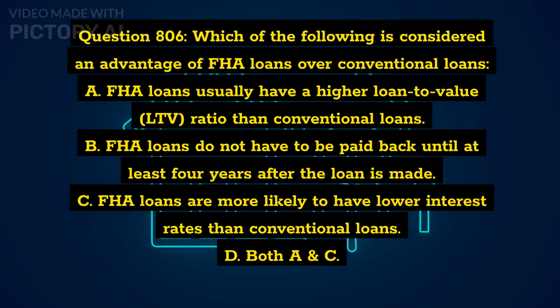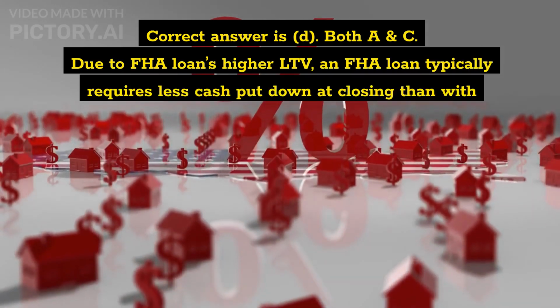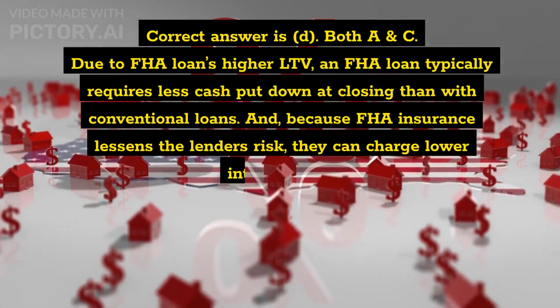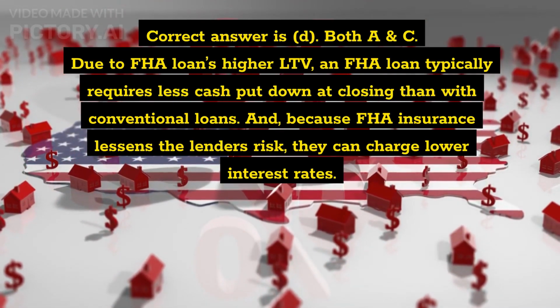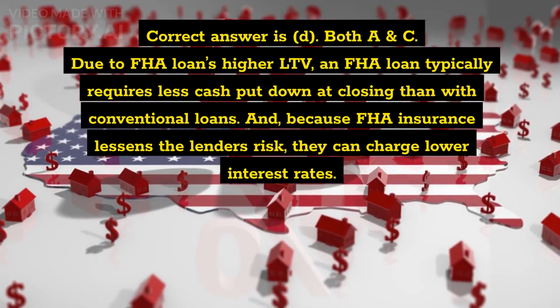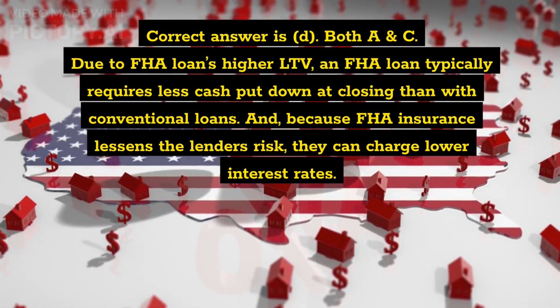C. FHA loans are more likely to have lower interest rates than conventional loans. D. Both A and C. Correct answer is D. Both A and C, due to FHA loans' higher LTV. An FHA loan typically requires less cash put down at closing than with conventional loans. And because FHA insurance lessens the lender's risk, they can charge lower interest rates.